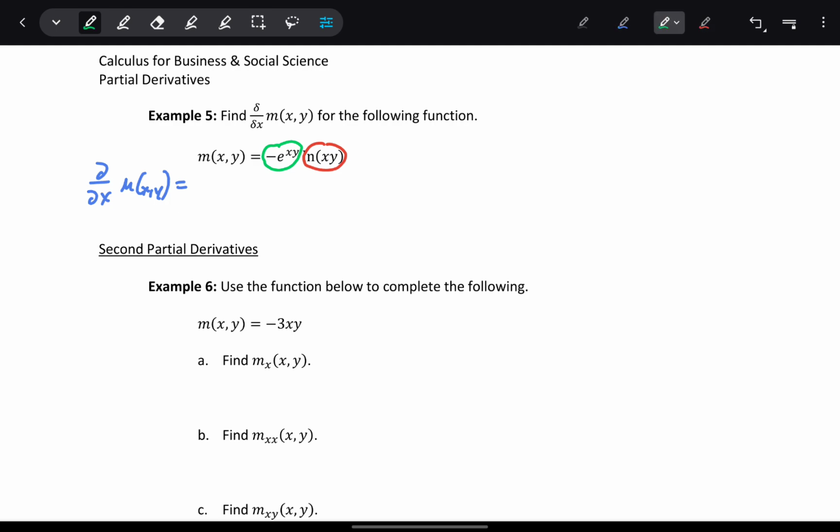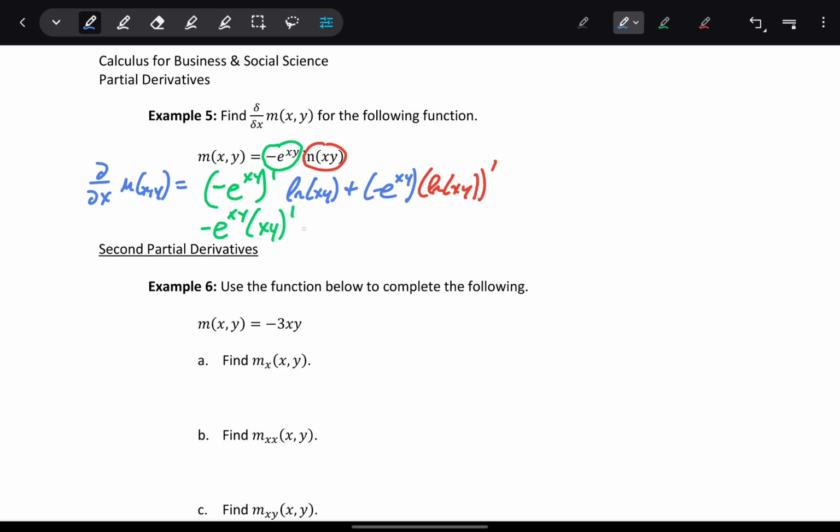That means we'll take the derivative of this first function with respect to x times the second function, plus the first function times the second function differentiated. This will give us negative e^(xy) times the derivative of that interior function differentiated with respect to x.